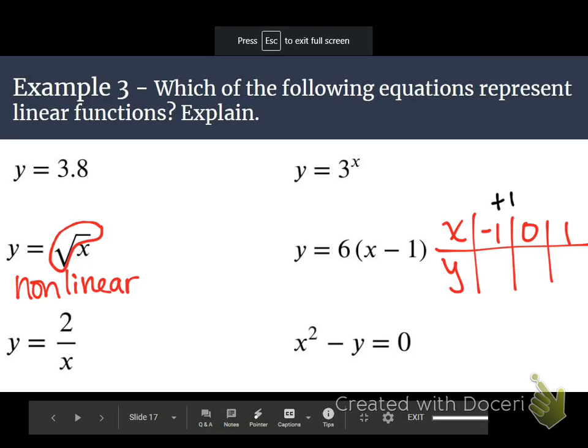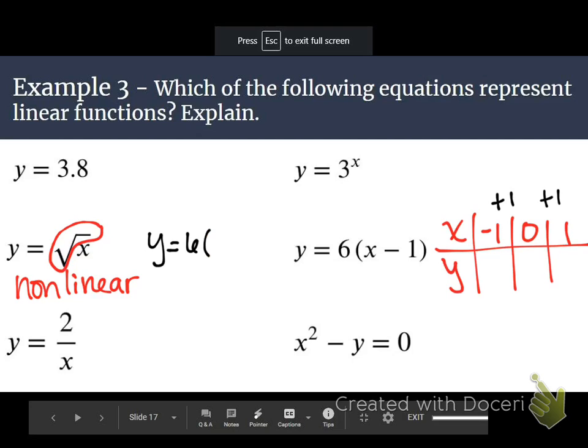So I want you to figure out what the y's would be by plugging those in and tell me if you think it's linear or nonlinear. All right, so what did we get for y when we plugged in a -1 for x? Nobody did it? Okay, then we'll do it together.